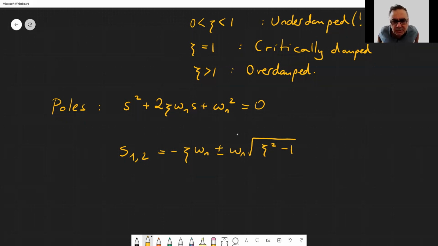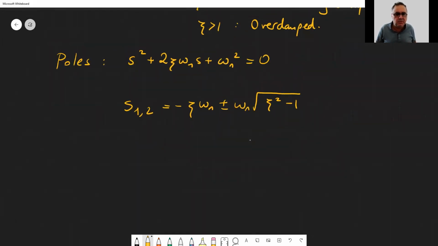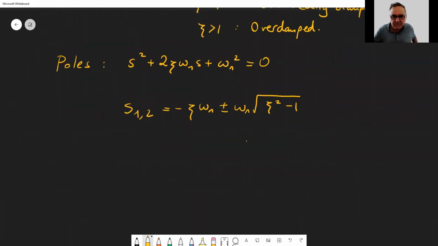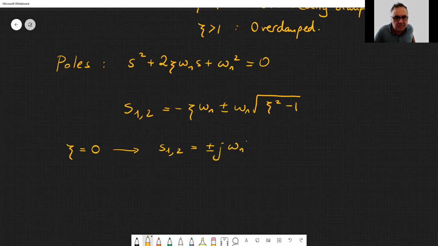Now, depending on the value of zeta, the poles might be real or complex. When zeta is 0, for example, the poles are what? Omega n times root minus 1 is j, plus minus j omega n. They are purely imaginary roots, okay?